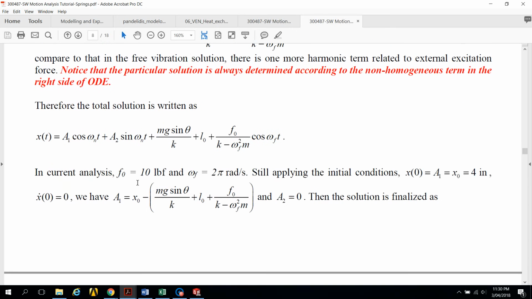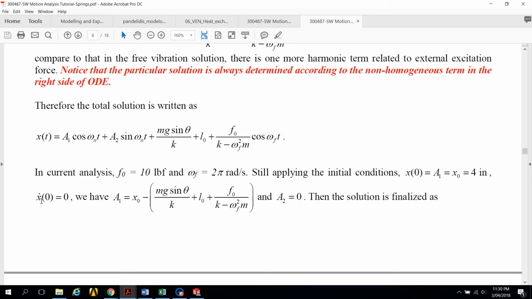In the current analysis, F0 is equal to 10 pounds, and omega f is equal to 2 pi radians per second. Applying the initial conditions, x at time zero is equal to A1, which is equal to x initial, which is 4 inches.